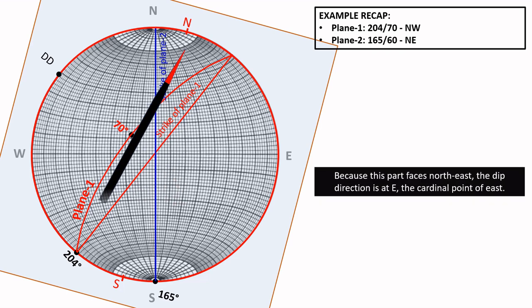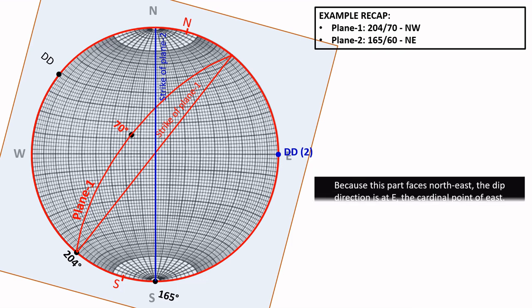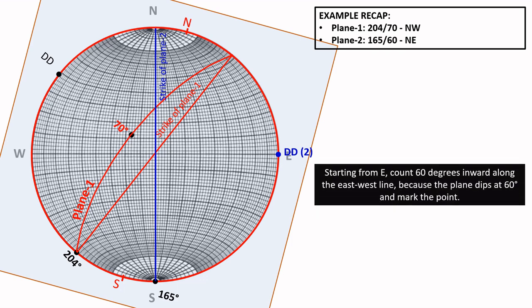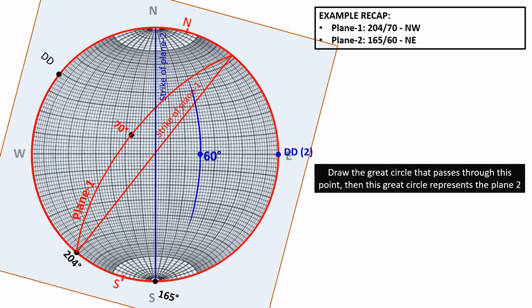Because this part faces northeast, the dip direction is at E, the cardinal point of east. Starting from E, count 60 degrees inward along the east-west line because the plane dips at 60 degrees and mark the point. Draw the great circle that passes through this point. Then this great circle represents plane 2.